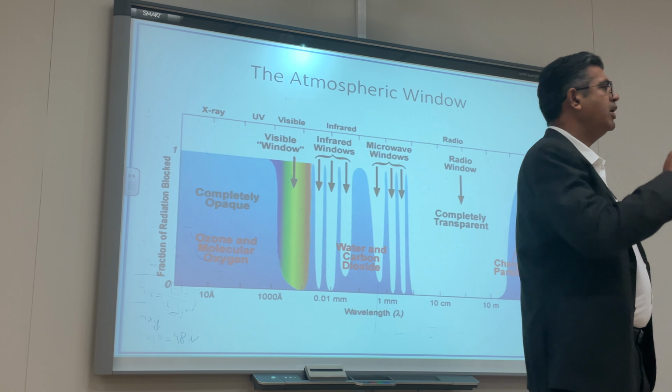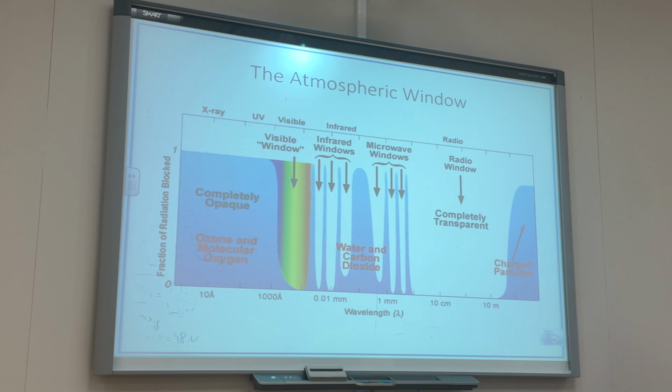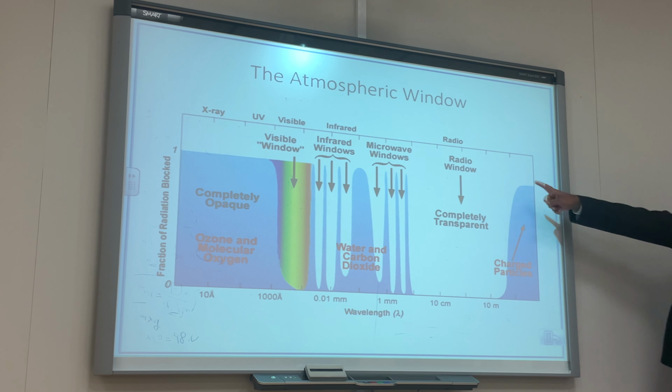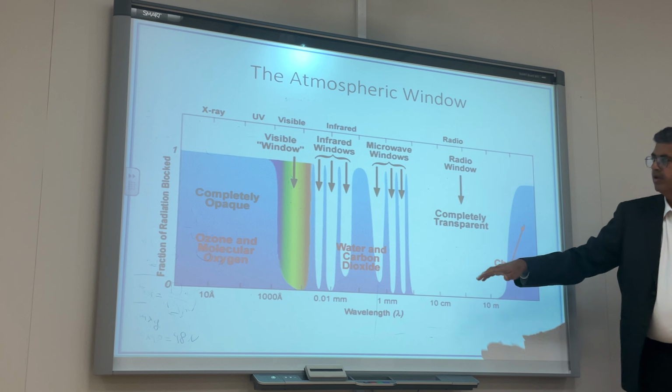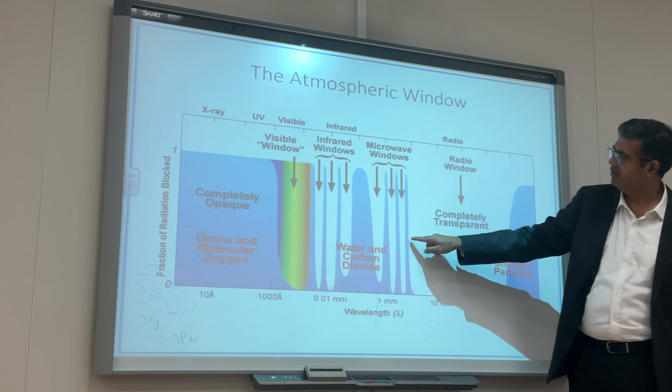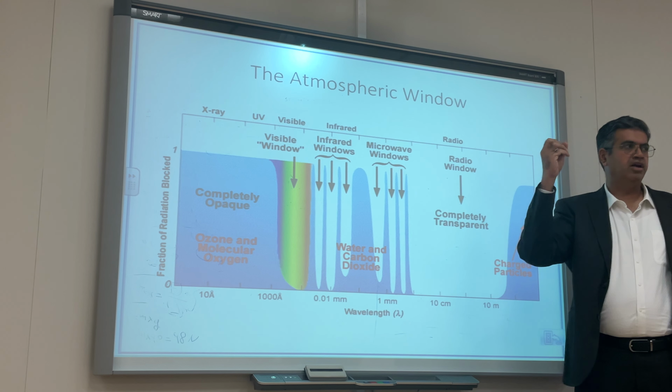Okay? So give me an example of two radiations which are not a part of the atmospheric window. X-rays and gamma rays are not a part of the atmospheric window. Radio? Yes, radio is a part of it. See, it is completely transparent. If you look at infrared or microwave, you see these blue lines indicating absorption.